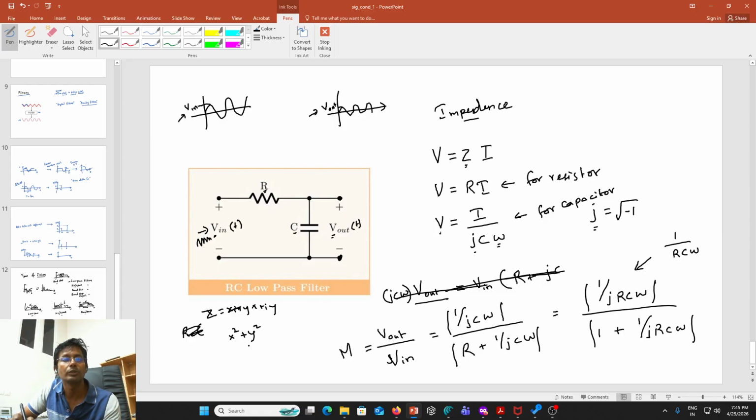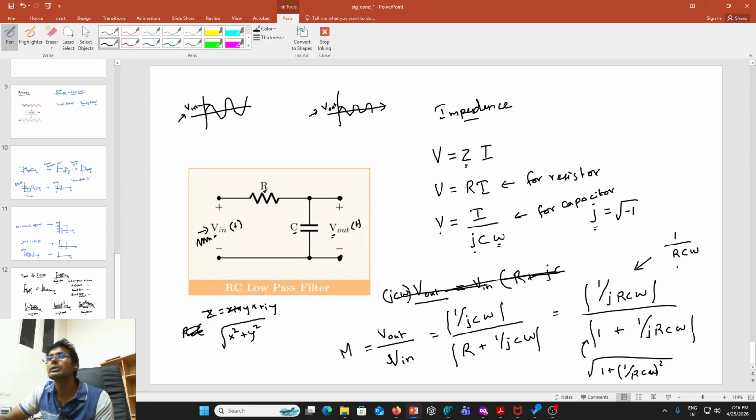So this is the modulus, under a square root. I forgot the square root. So similarly, we will take the modulus, which means square root of 1 plus 1 by RC omega the whole square. This is the modulus which comes for the denominator.